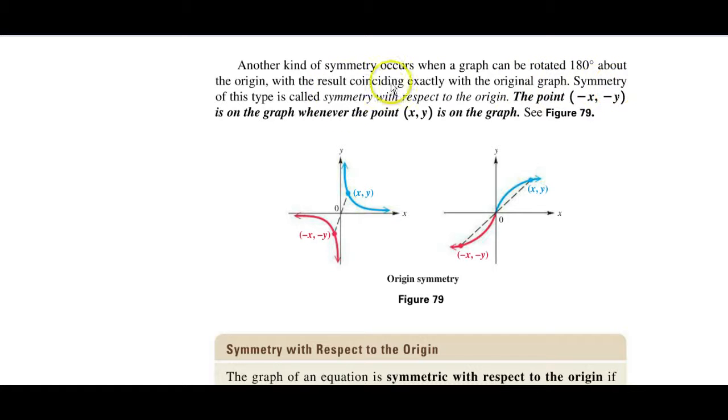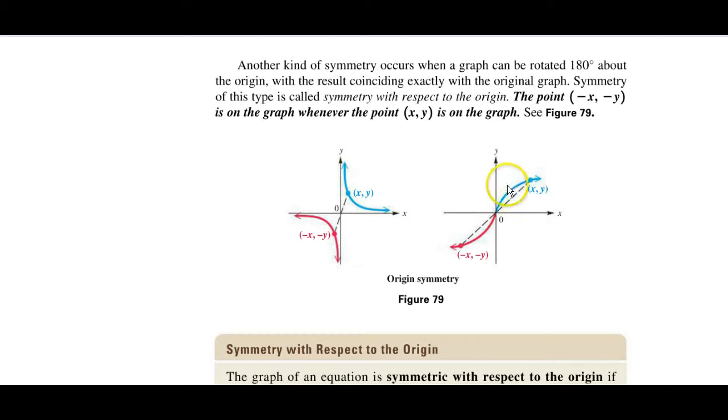Now this type of symmetry is called symmetry with regard to the origin, which is your 0, 0. Okay? So, if this is your first function, and this is your second function, notice you've reversed both signs. Does this show symmetry in regard to the origin? And the answer is yes.